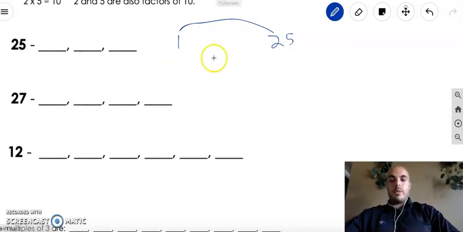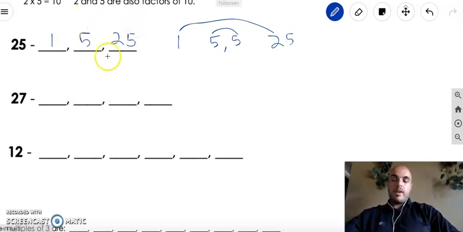Now let's see what we can multiply to find 25 in between. Well, there's really only 1 other number that can be multiplied to give you this, and that's 5 times itself. So what numbers can be multiplied into 25? Well, 1, 5, and 25. So you can see there's more than just itself. 25 is just barely composite.